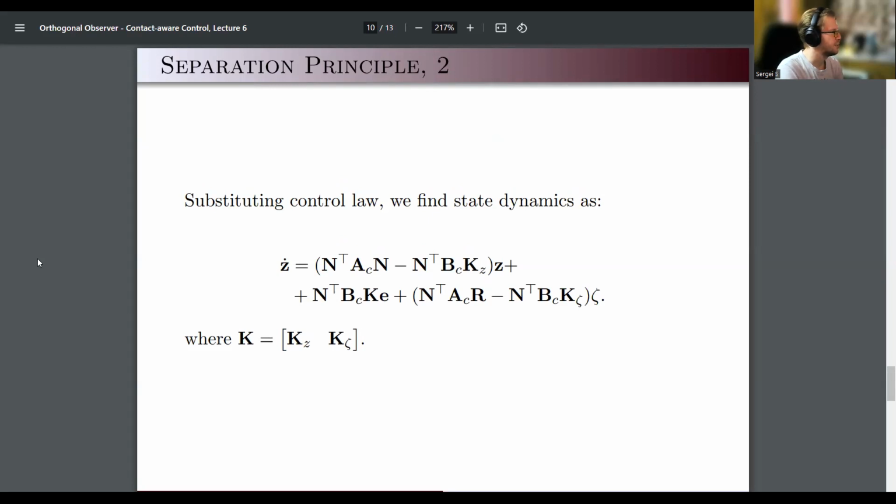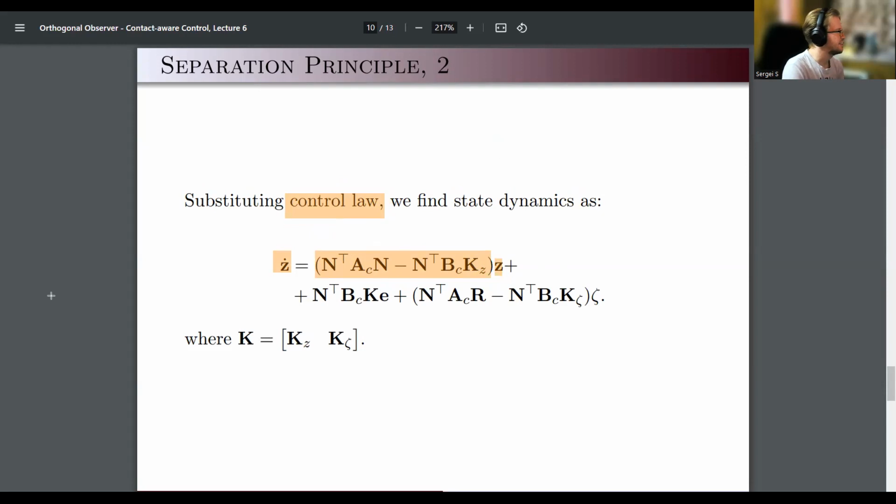Zeta doesn't have dynamics, but z has. So z also depends on itself, of course, right? Once we substitute the control law, we find that kz depends on z.